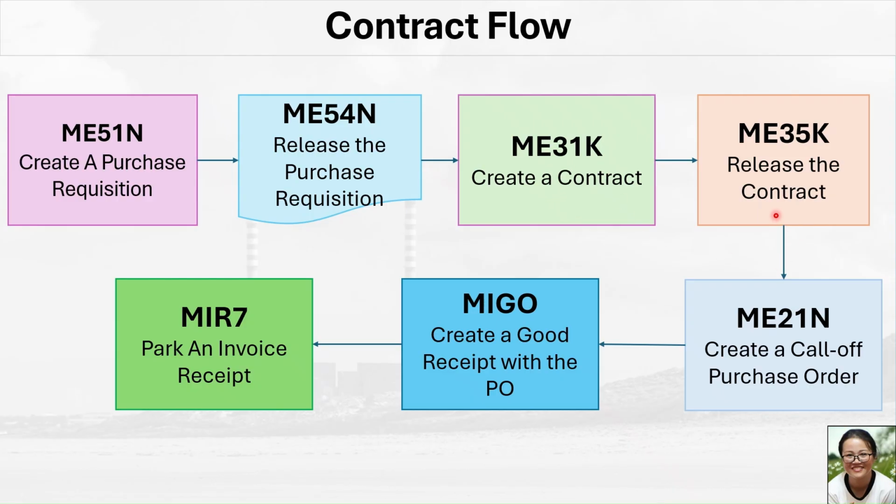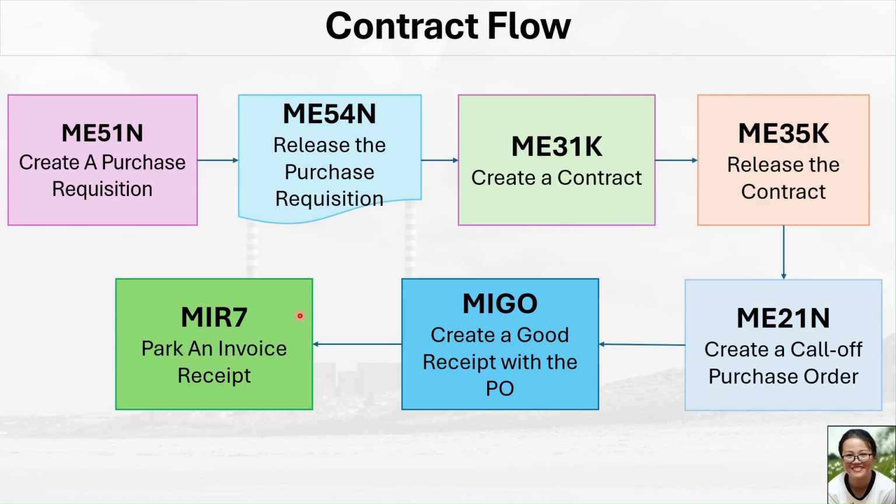And to release the contract, you use ME35K. After that, you can create a call-off purchase order with ME21N. After that, you can create a goods receipt with the PO you already created, with MIGO. And finally, you can post an invoice receipt with MIR7. That's all for the contract flow.